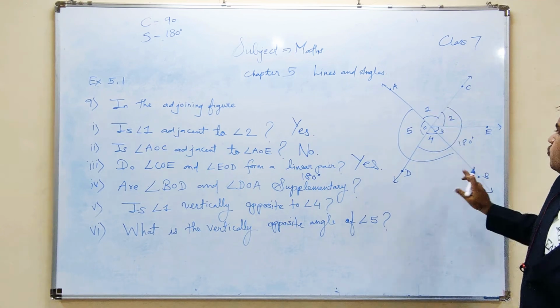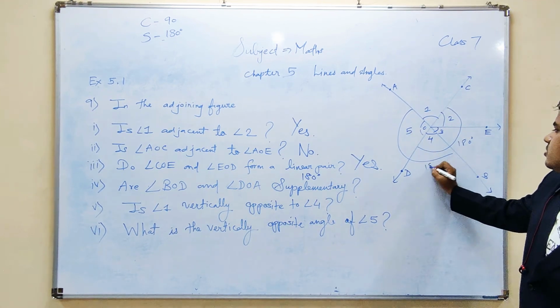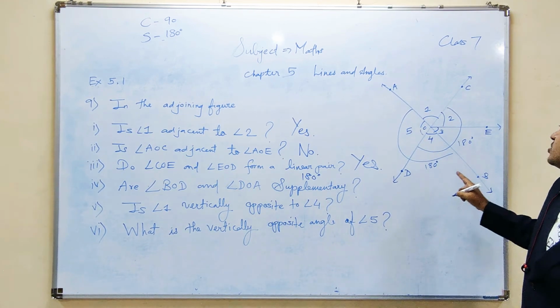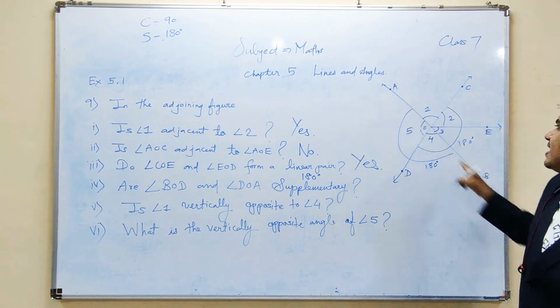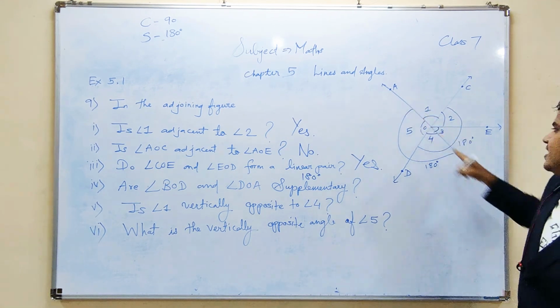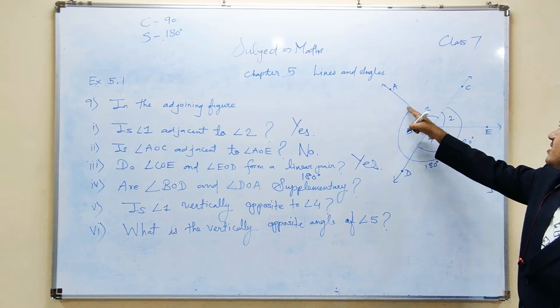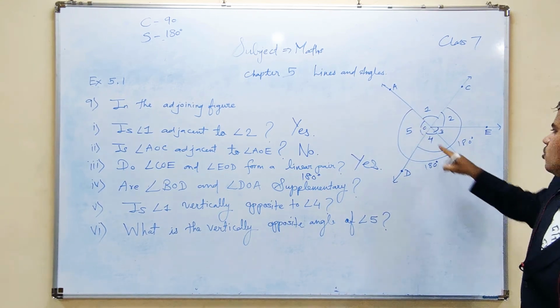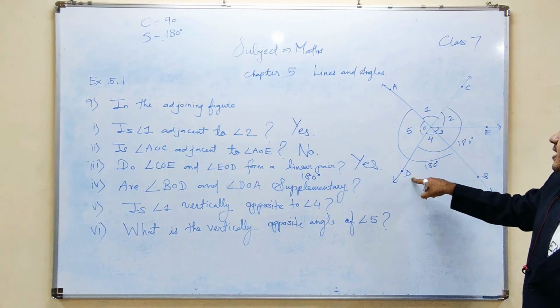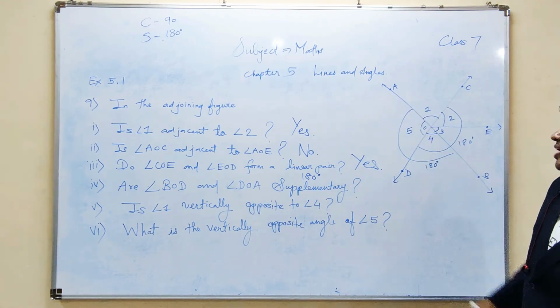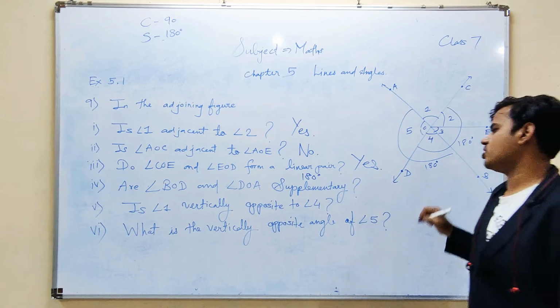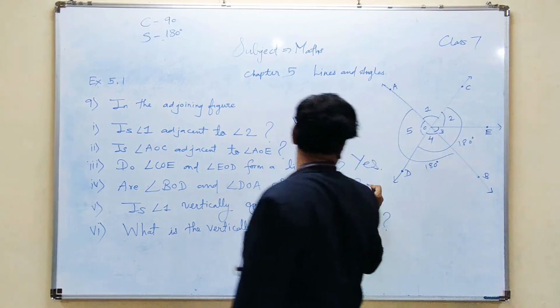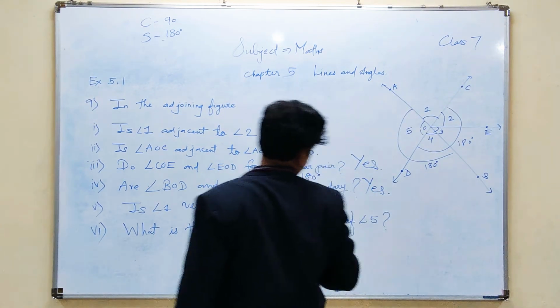If you measure both 4 and 5, the sum of the measures is 180 degrees because they lie on a straight line. So BOD and DOA are supplementary, yes, because the sum is 180 degrees. We will write here yes.